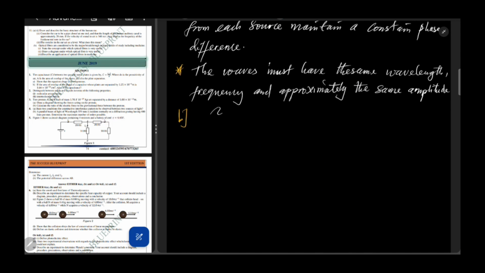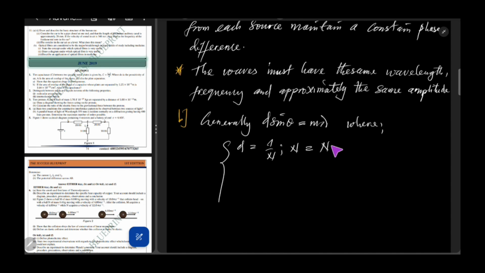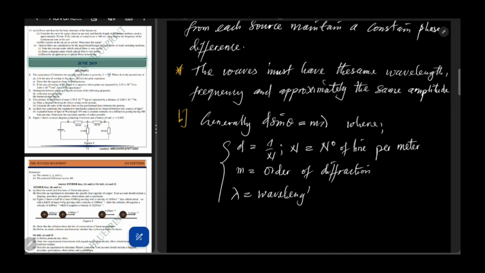Now, we have generally d sine theta is equals to m lambda, where d is equals to 1 over n and n is equals to number of lines per meter. m is the order of diffraction, and lambda is the wavelength of the monochromatic source of light.